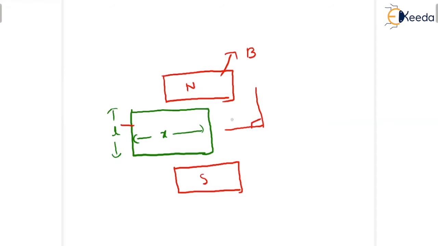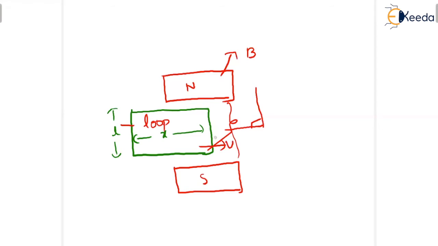The field B is produced in the gap of a large magnet, so it acts like an electromagnet. Now this loop I am going to move in this direction with a constant velocity v, my dear students.